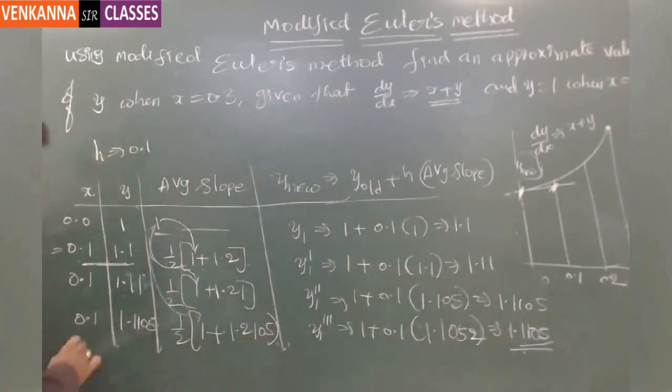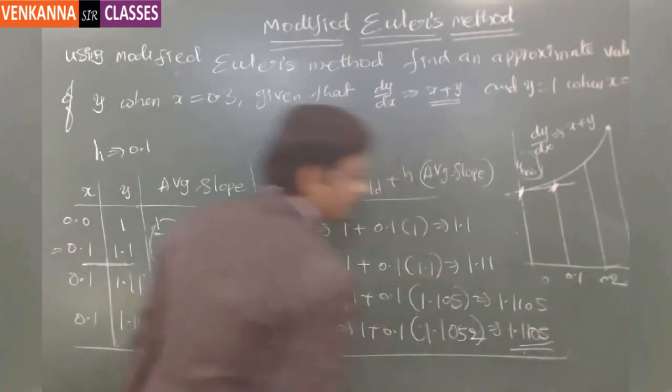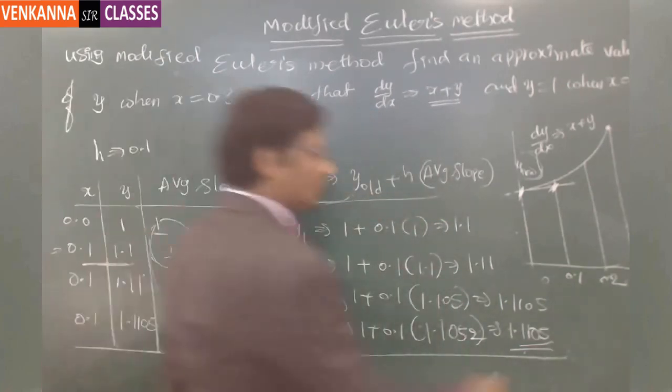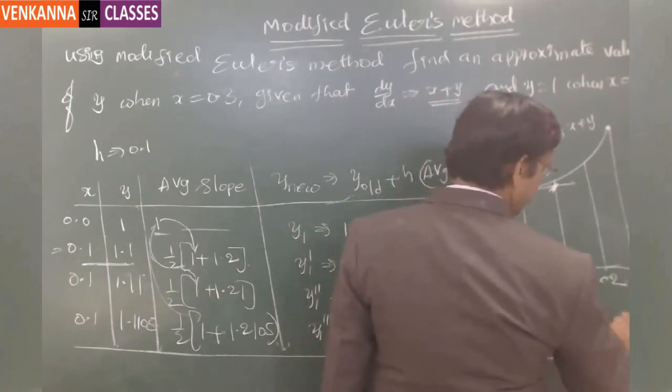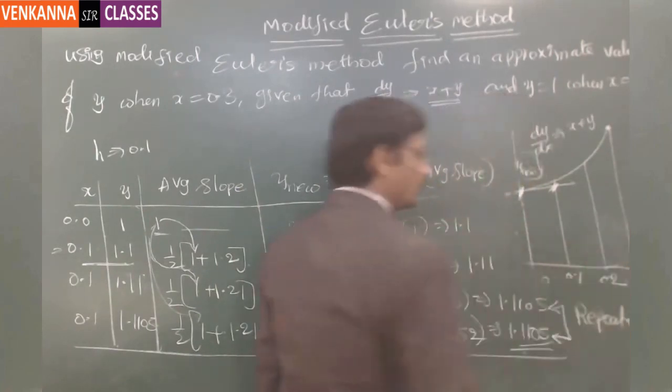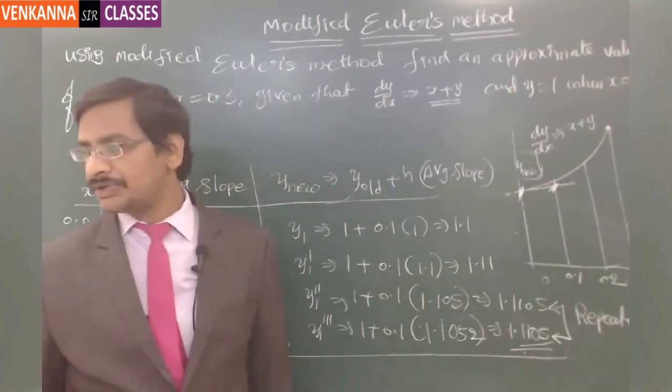So this way you can calculate the value of y1. So once you arrive at this value, if you notice here, this is repeated. Once you get a repetition, then you can think of the next iteration.